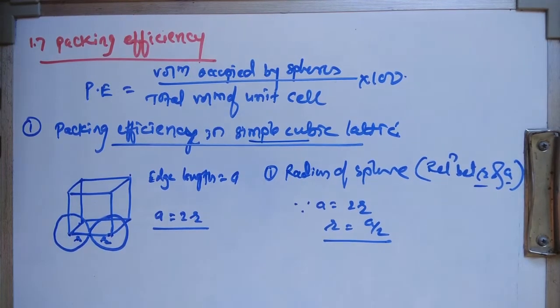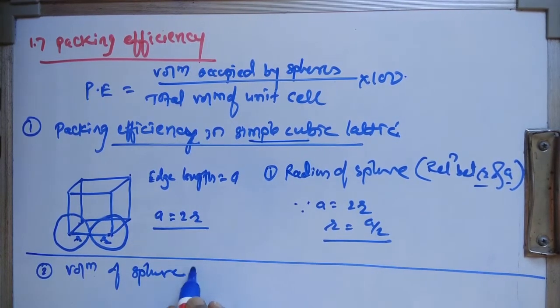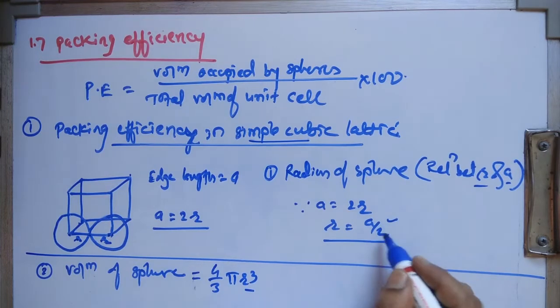The next step is the volume of the sphere. Second step, volume of the sphere. We know the formula for the volume of a sphere is 4 by 3 pi r cube. Now we can substitute the value of r as a by 2.